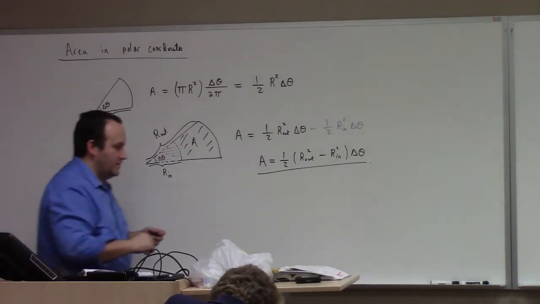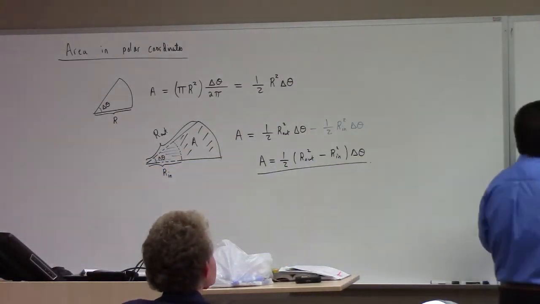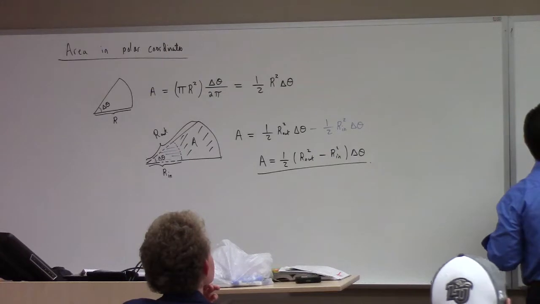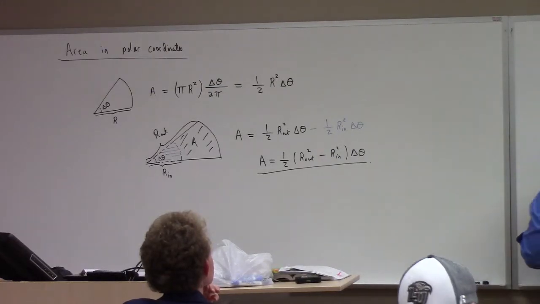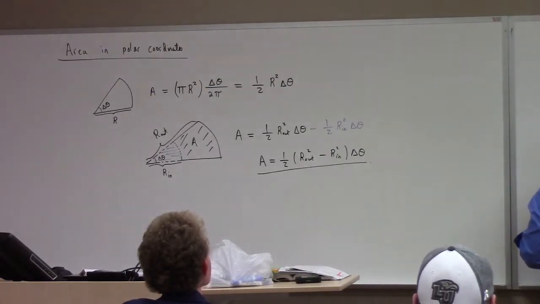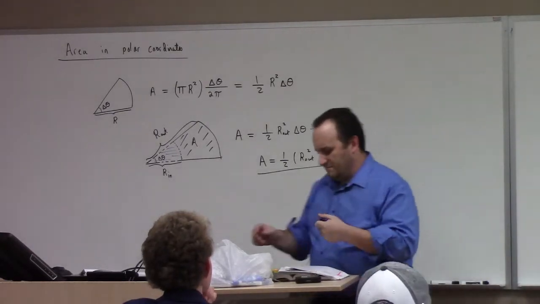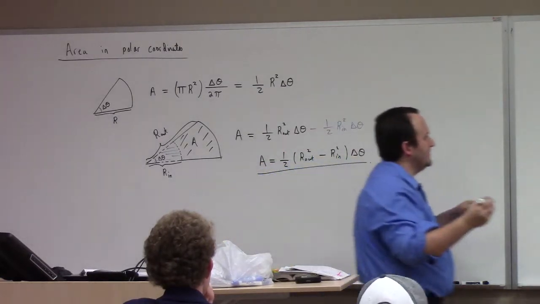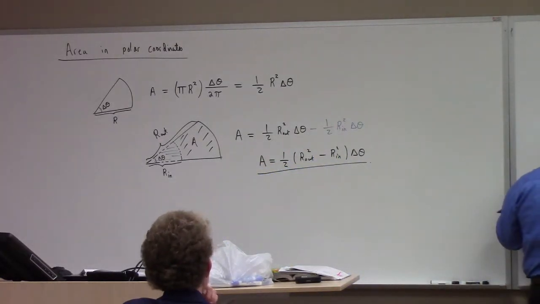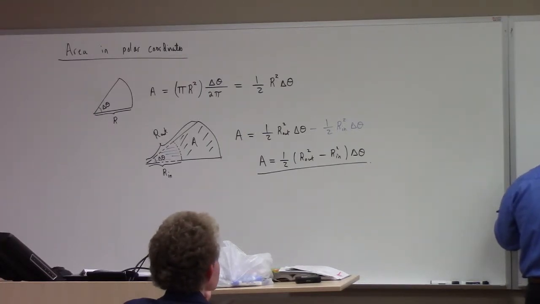Okay, so then we take a little leap ahead here, and suppose that you've got some region that is stuck between two angles, let's say theta 1 and theta 2, right? And we suppose that we've got some sort of inner radius and outer radius.